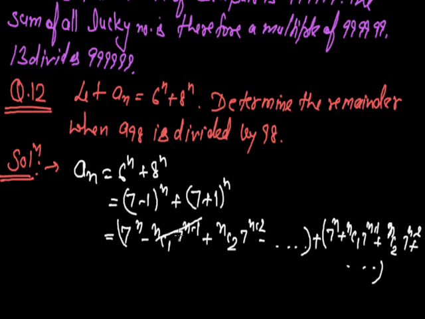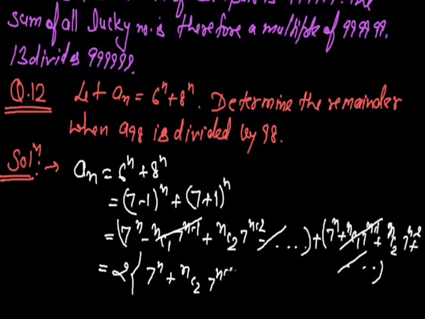Now we can see that the terms on even positions will be cancelled out and all the terms on odd positions will be doubled. That means the answer will be 2 times (7 raised to power n plus nC2 times 7 raised to power n minus 2 plus and so on plus nC(n minus 2) times 7 square plus 1).